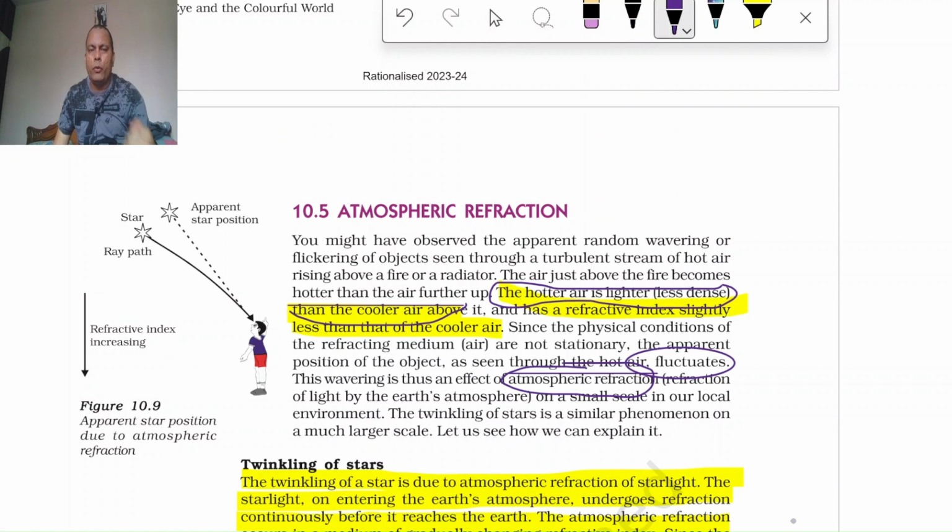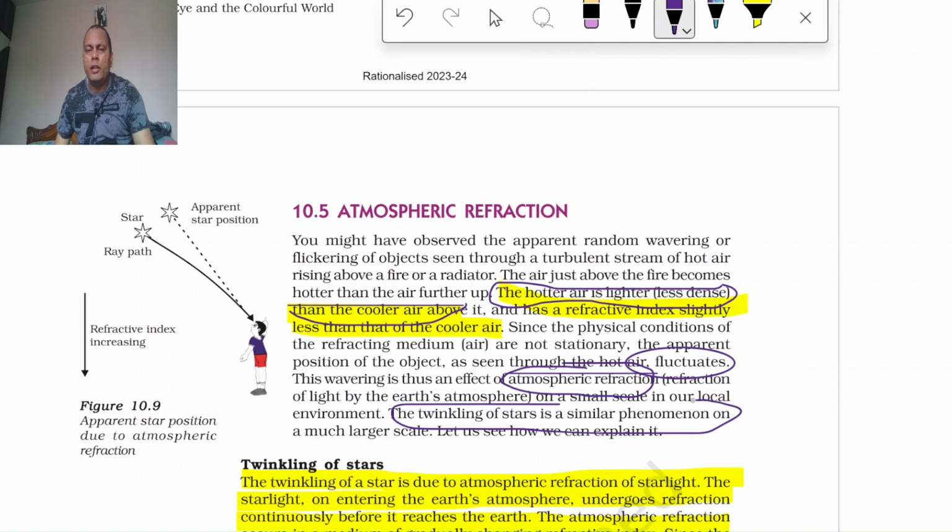When the medium has different refractive indices, and the light from any object we see passes through them, the object will appear to be twinkling or flickering. The twinkling of a star is a similar phenomenon.